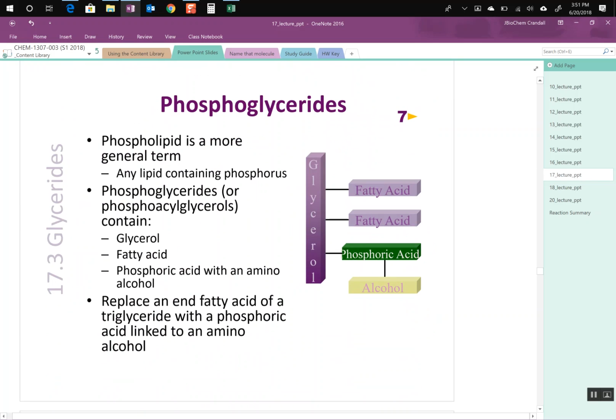Okay, now phospholipids. These phosphoglycerides are glycerol molecules, the 3-alcohol glycerol, and then you also have a phosphate group that's attached to that, and it creates these phosphoglycerides. Okay, these are very important molecules.